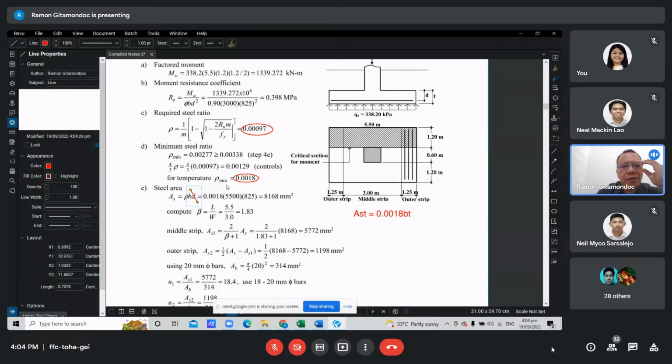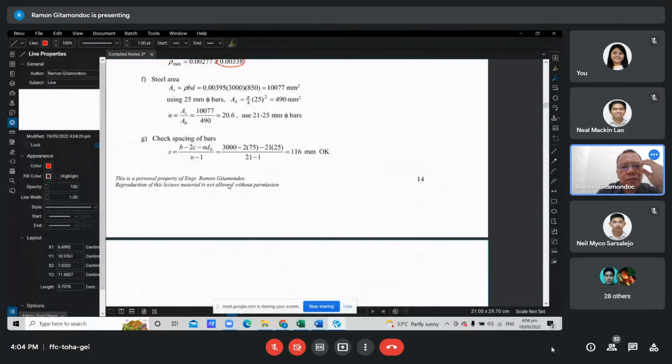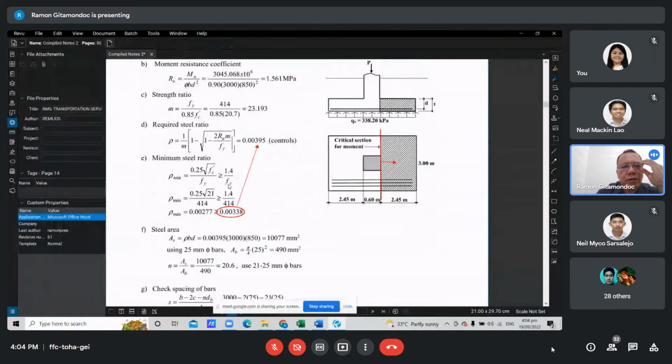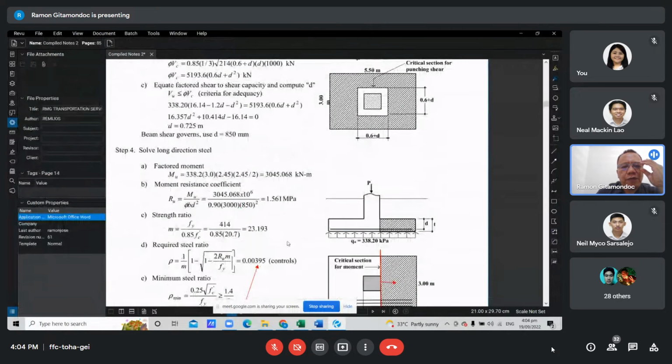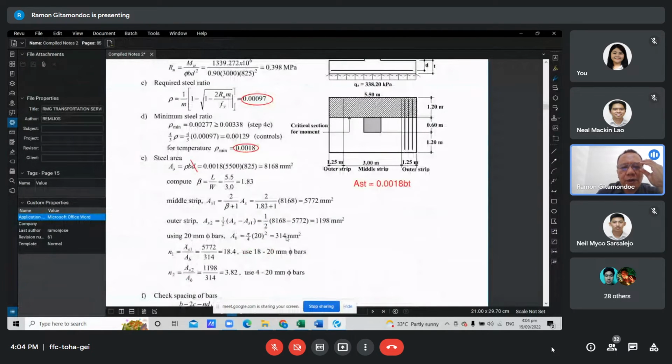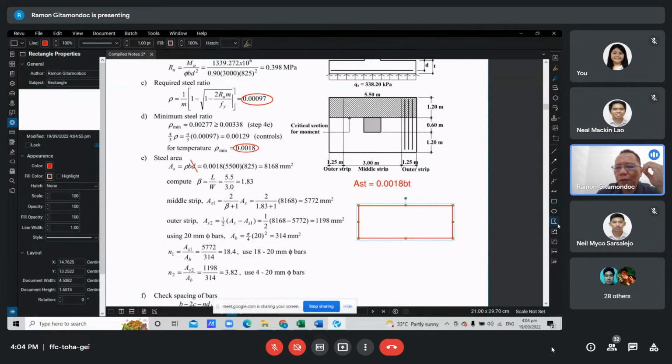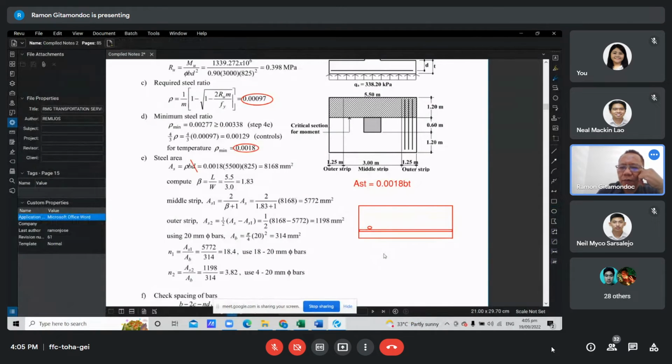What we computed here is 850, so maybe it is 825 instead. The reason is that for the thickness of the footing, this is our long direction steel. We place the short direction steel on top of the long direction steel, so the effective depth will be 1 bar diameter less than that in the long direction.